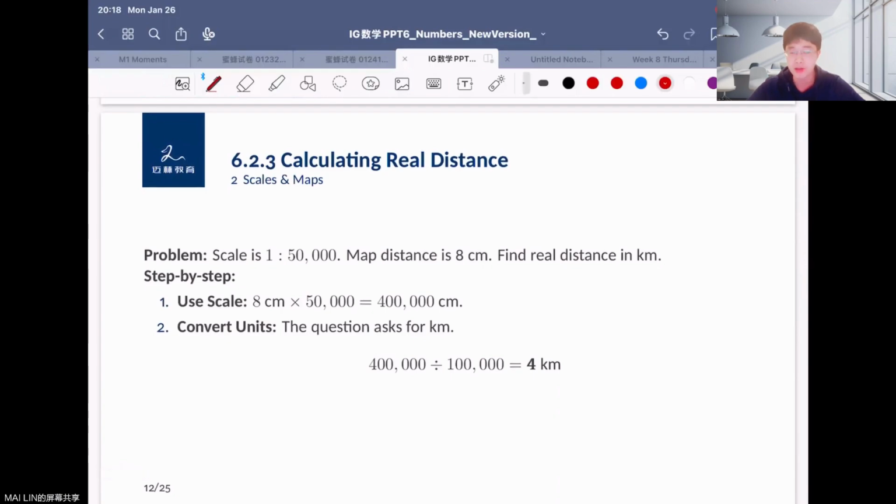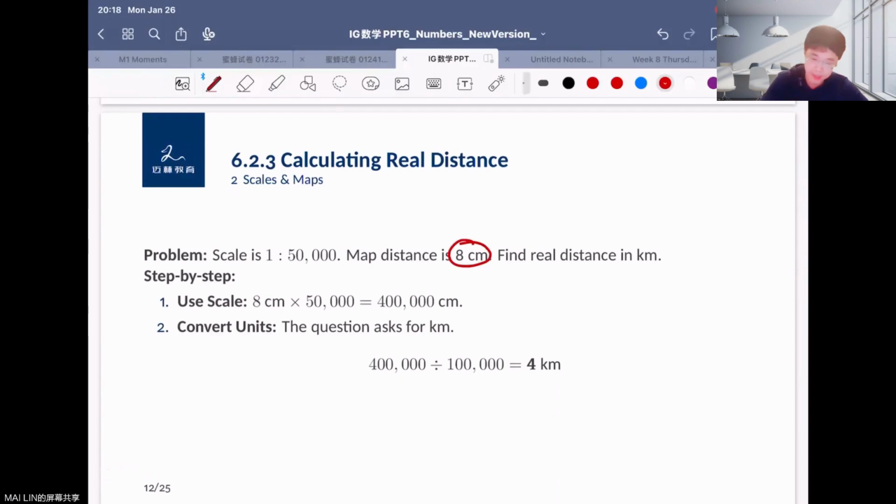And here is a real calculation problem. Let's do it together. The scale is 1 versus 50,000 and the map distance is 8 centimeters. We use the distance on the map and multiply by the scale, so it's 8 centimeters times 50,000.